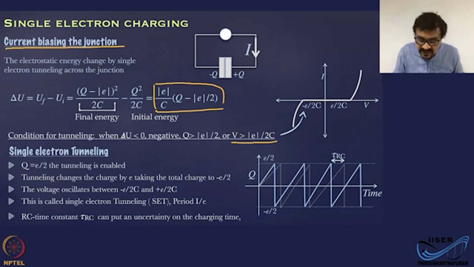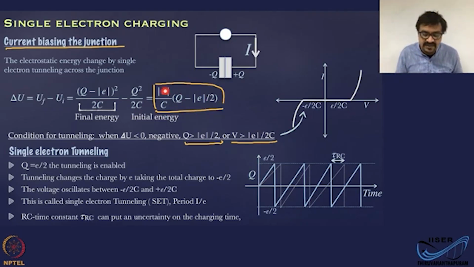Then only you can get tunneling, or then only the tunneling is enabled. That is, the tunneling starts when Q is E by 2. But the process of tunneling actually takes the Q from E by 2 to minus E by 2, because tunneling is always discrete.